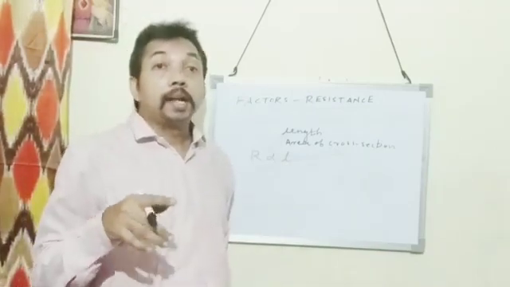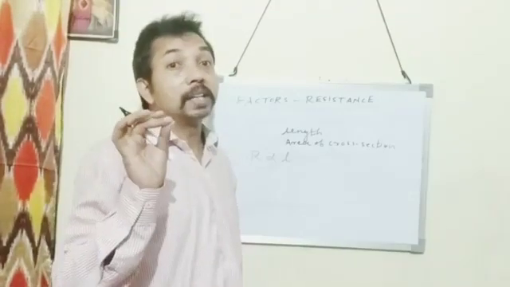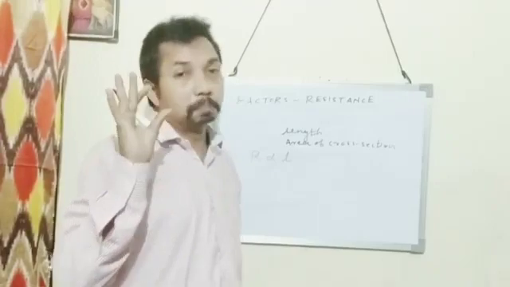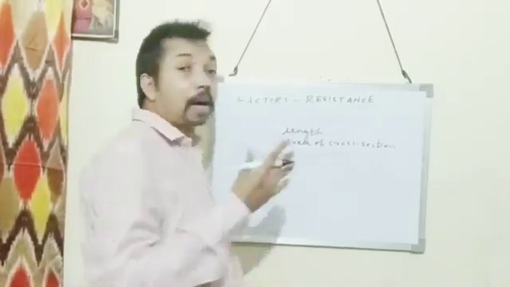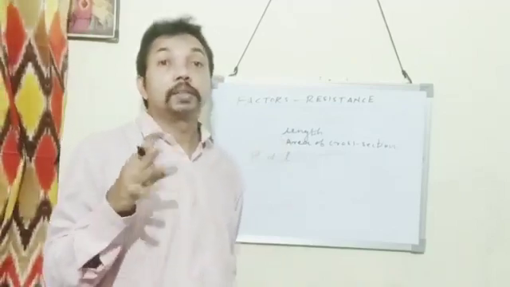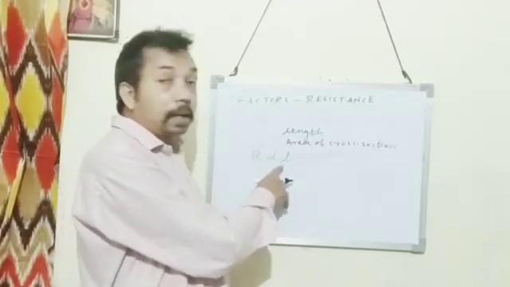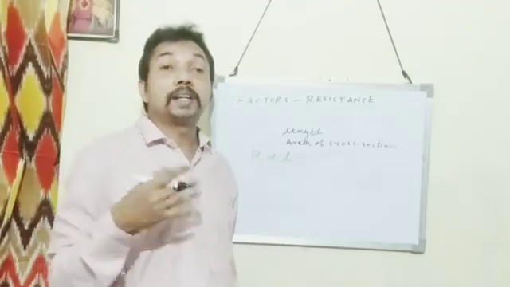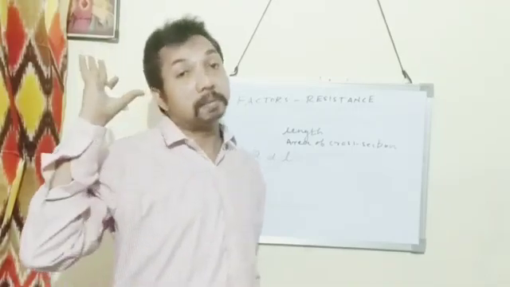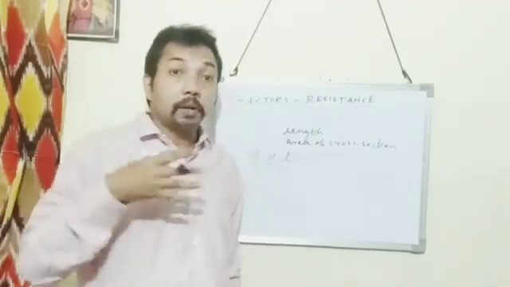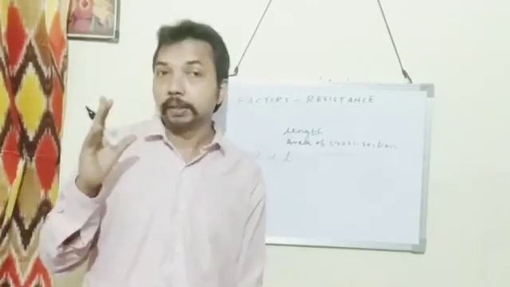Suppose the length of the wire is doubled, keeping the area of cross section or thickness of the wire the same, then what will happen to the resistance? In that case, resistance also will be doubled. Suppose the length of a wire is tripled, keeping the thickness the same, then resistance also will be tripled.